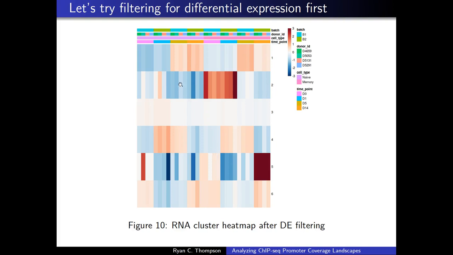Here, cluster 2 is the one that's different, higher in memory at the first 2 time points. This cluster looks like some sort of hidden batch effect. This looks like garbage. But other than that, it's the same 5 clusters and then 1 artifact cluster.